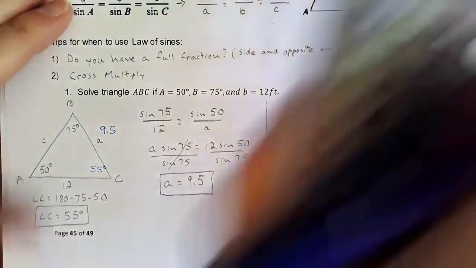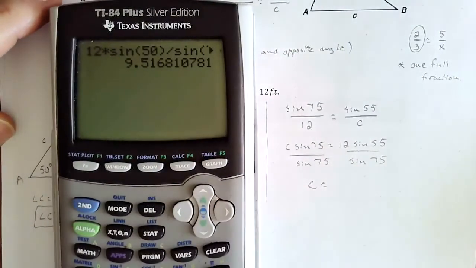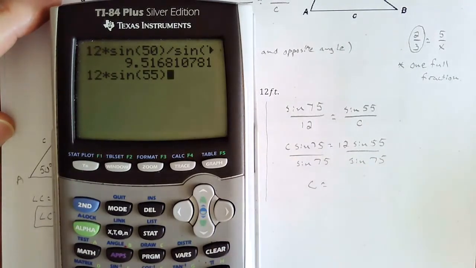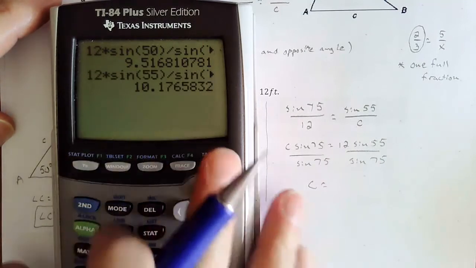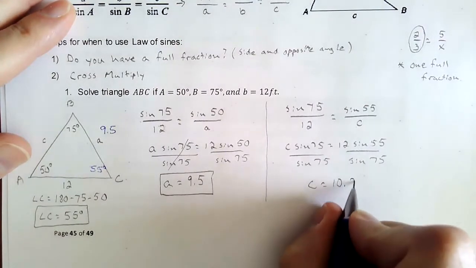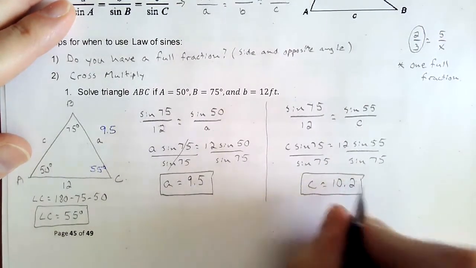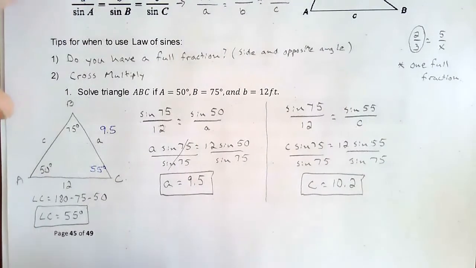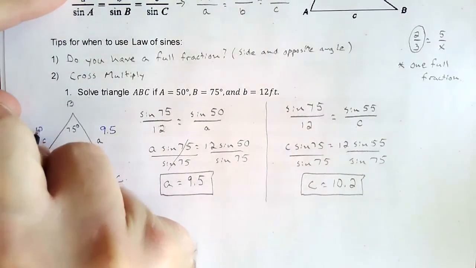So c is going to equal whatever that turns out to be. So 12 times sine of 55, close parenthesis, divided by sine of 75, close parenthesis, 10.2. All right, so those were the missing pieces, and I'm going to put them on the picture.